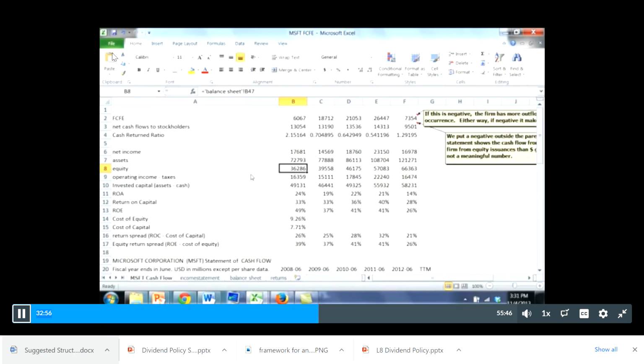Then I'm also going to calculate my operating income minus taxes. Right, so that's really like net income, but excluding interest expense, right? So I get both of those from my income statement.